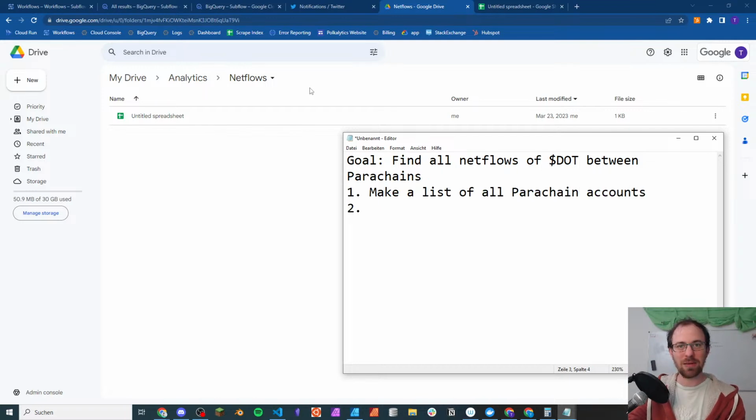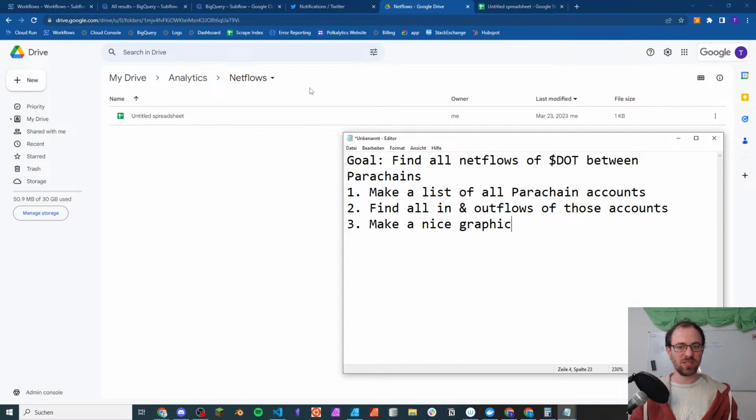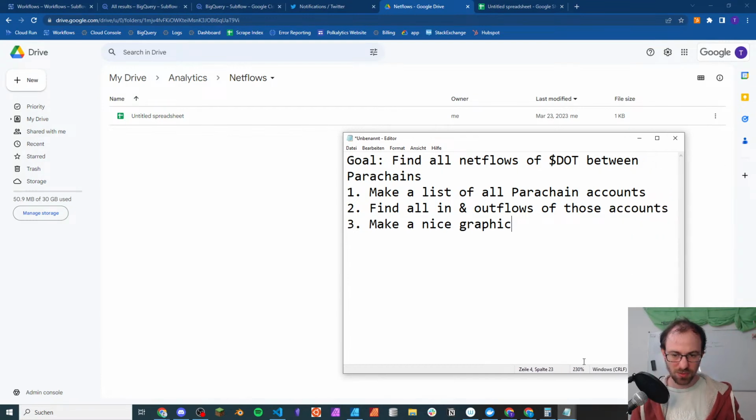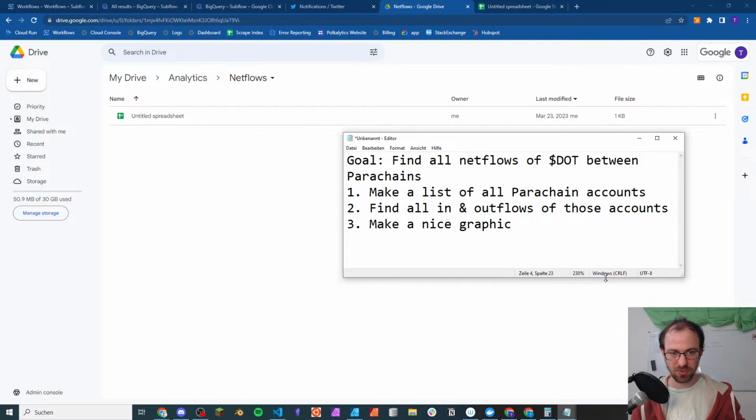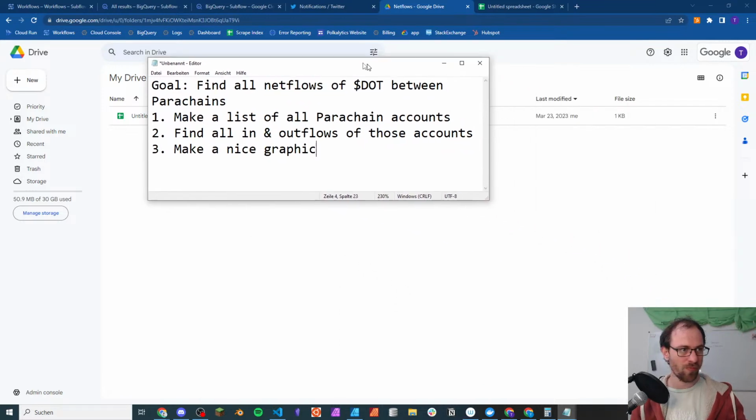The second step is to find all in and outflows of those accounts, and then make a nice graphic. As always, it is possible that we might encounter some problems. Maybe it won't work out today, but we will see. This is the goal for today.